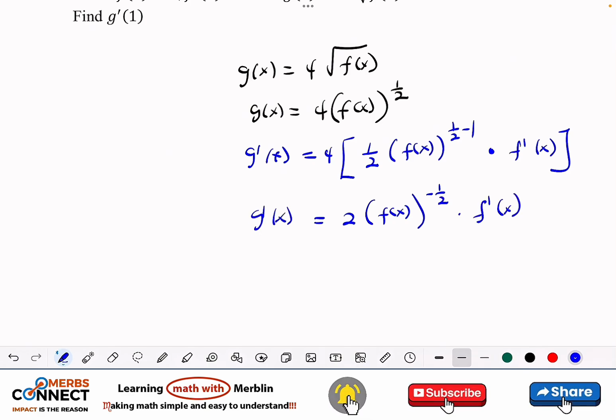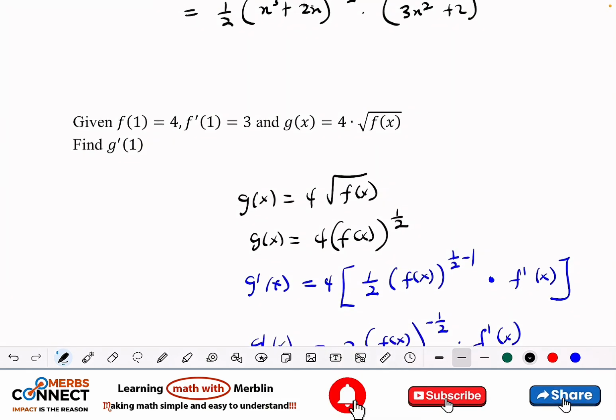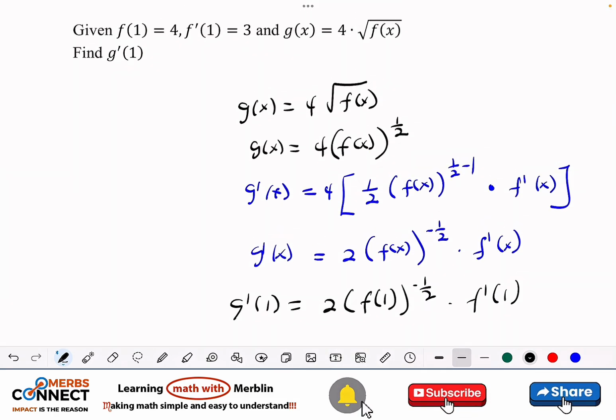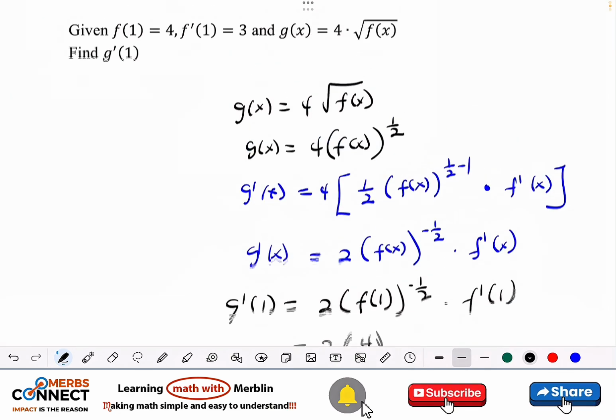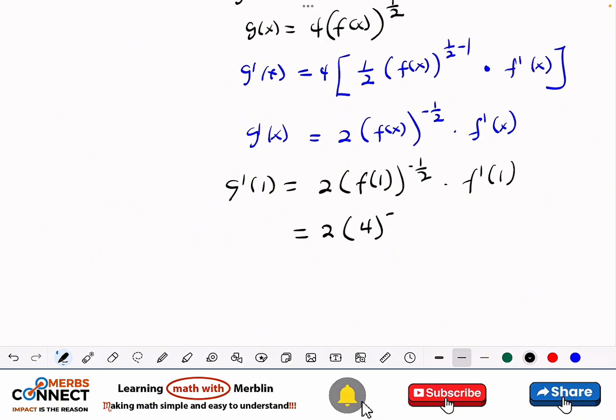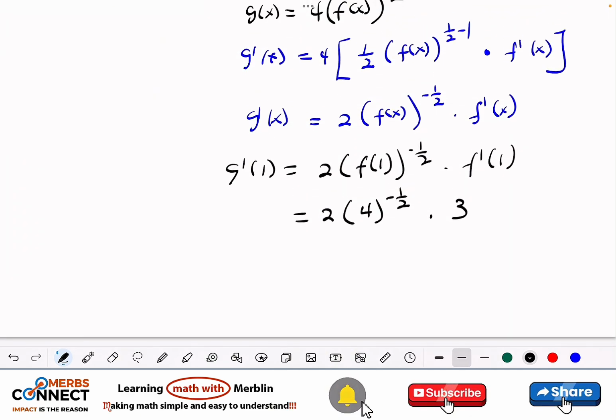So now that I've gotten this one, now I can look for g prime of 1. So put 1 inside. So f of 1 to the power minus 1 over 2 times f prime of 1. f of 1 is 4, and then f prime of 1 is 3. So this is going to give us 2 times 4 to the power minus 1 over 2 times 3.